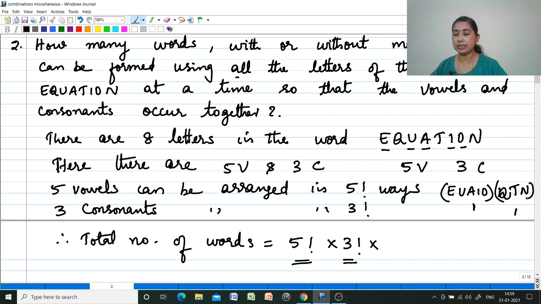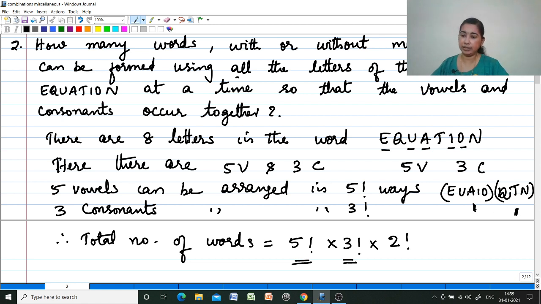The vowels together and consonants together can be arranged in 2 factorial ways, because this is 1 and this is 1. You have to take each as a single element. We have 2 spaces and 2 elements to fill, that is 2P2 ways.